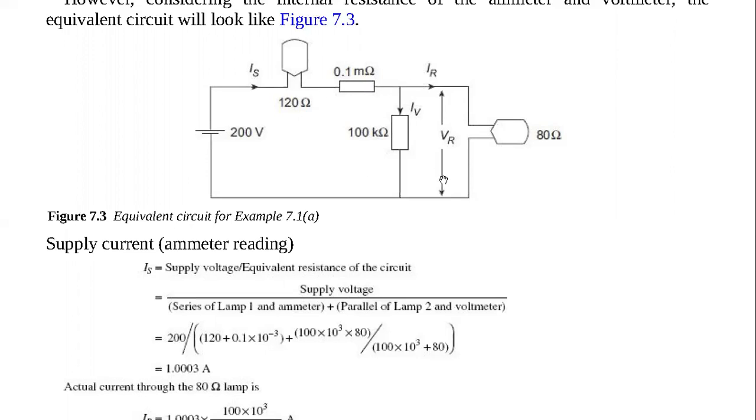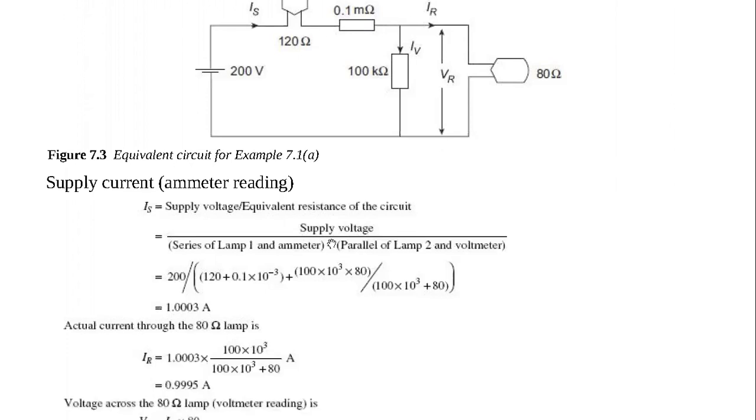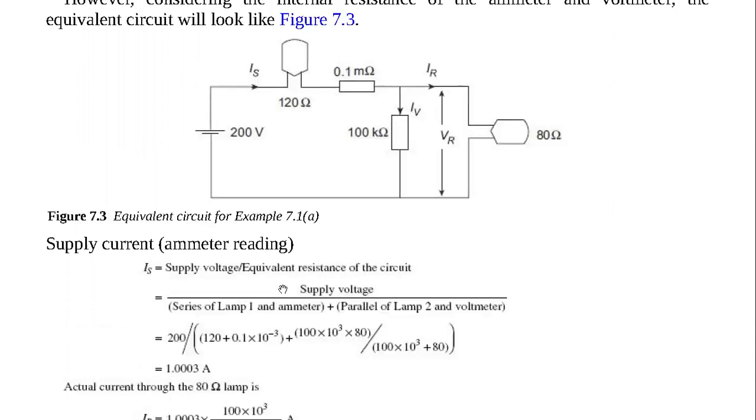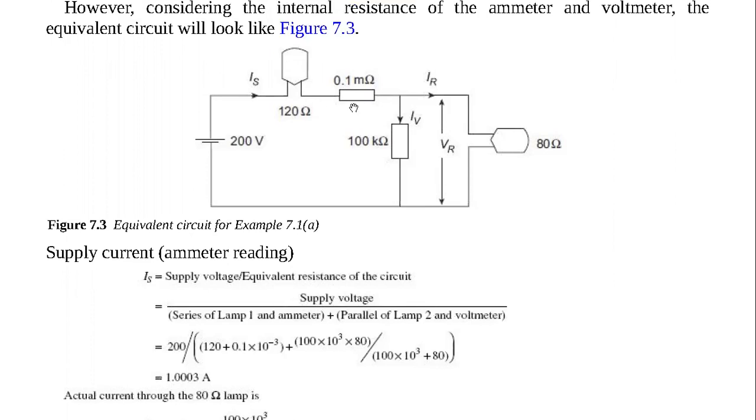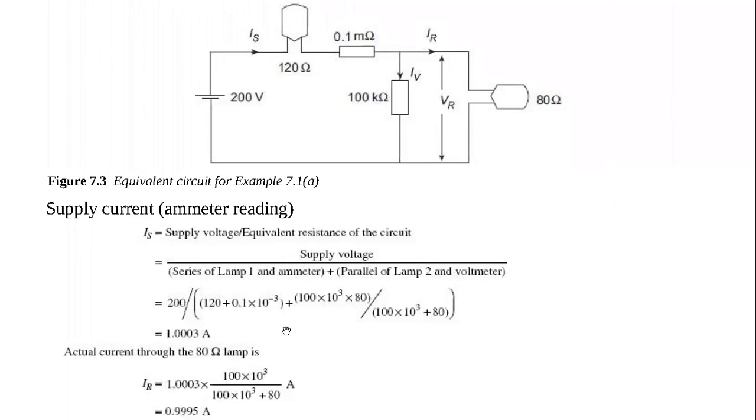So the supply voltage divided by the series of lamp 1 and the ammeter plus the parallel of lamp 2 and the voltmeter. That will be 200 divided by 120 plus 0.1 milli ohm, sorry, this is milli, not mega, small m, so times 10 raised to negative 3, plus 100,000 times 80 over 100,000 plus 80. That is product over sum.